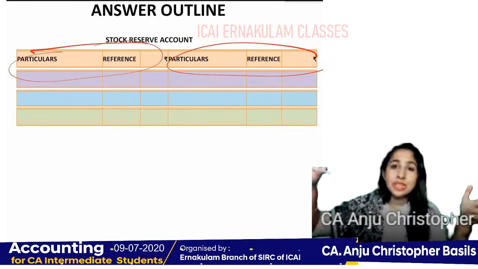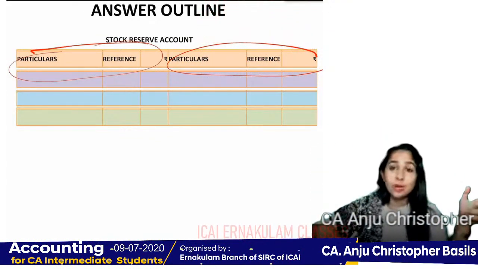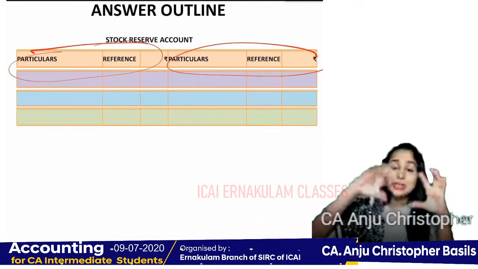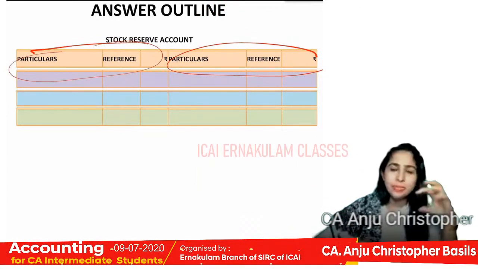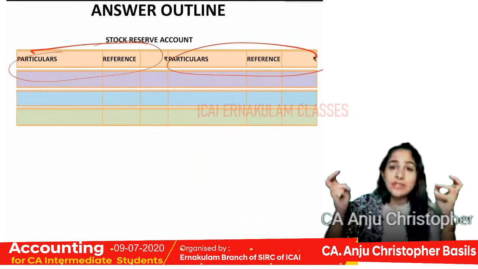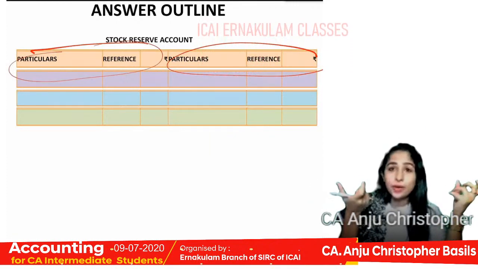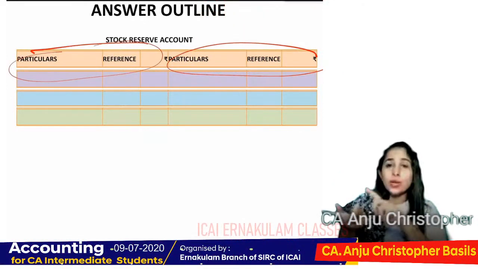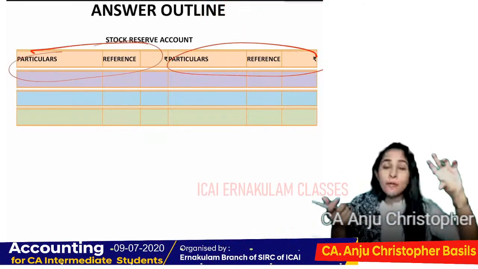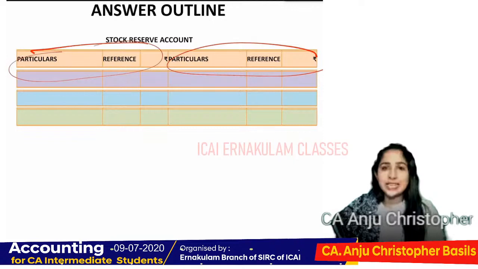In closing, they have to reduce the profit amount of 7,200. Similarly, in opening also 6,000 they will have to adjust. So every time the outlet will also compute the reserve portion in their stock, and the amount will be transferred to the head office for their adjustment in the head office account.